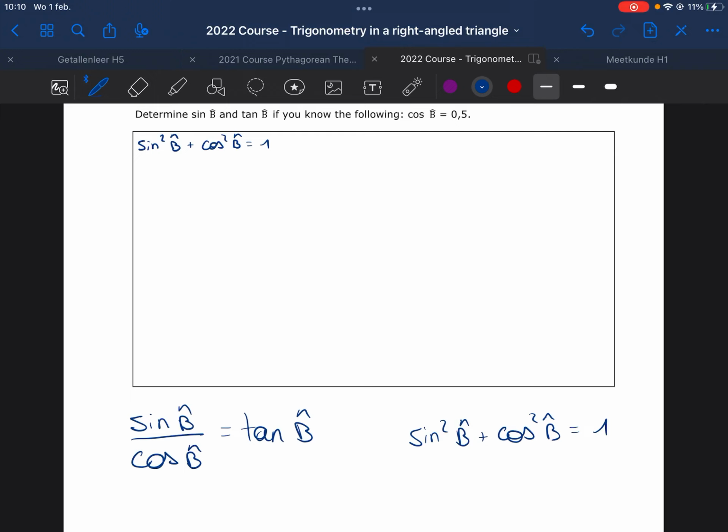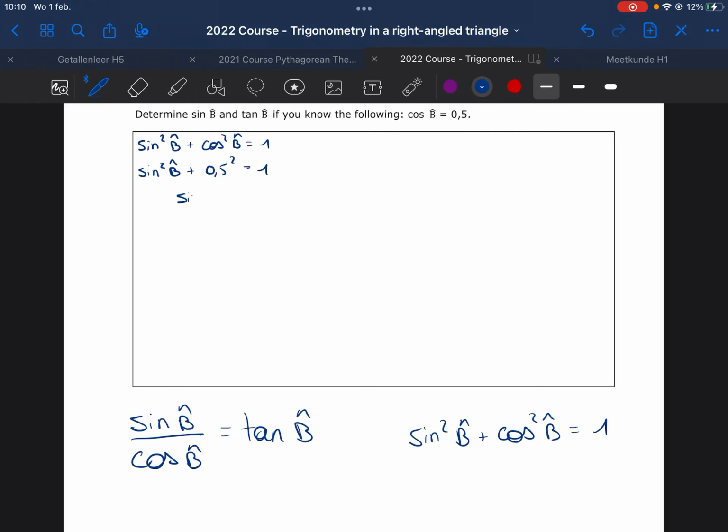Now let's replace the cosine with the information that was given. So the square of the sine of B plus 0.5 squared equals 1.